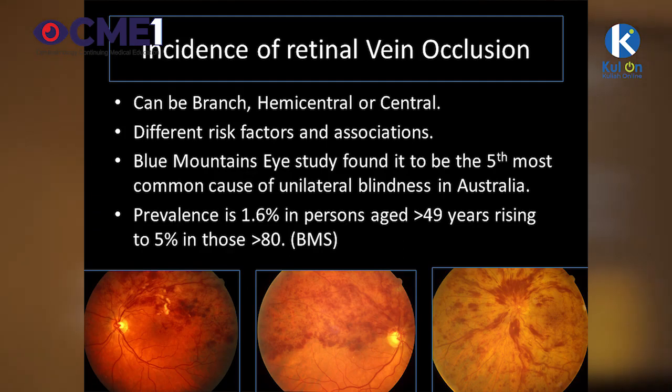So retinal vein occlusion is very common in Australia. It's more common than we think, and I think it's actually more common in Indonesia compared to Australia because of the incidence of diabetes being higher.